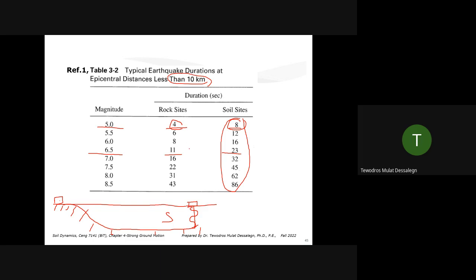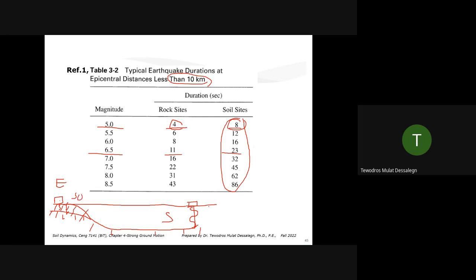In the US, especially the eastern part of the US is a rock site. This is the eastern part of the US. What we mean is the soil is much shallower. The bedrock may be here, the soil is very shallow. Let's say in this case, it can be 50-meter soil.